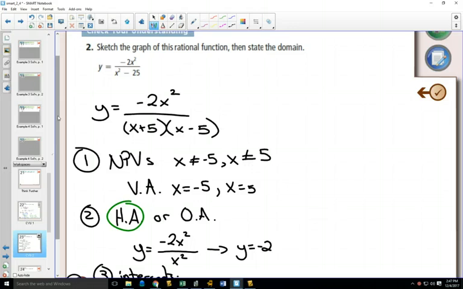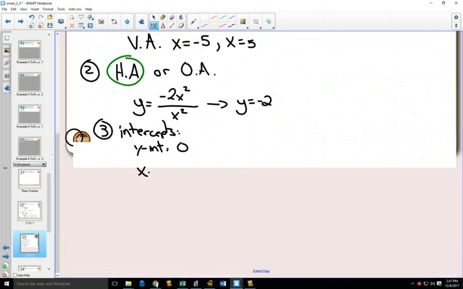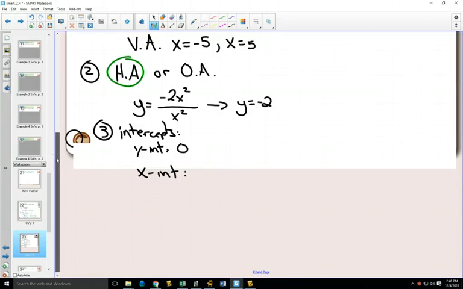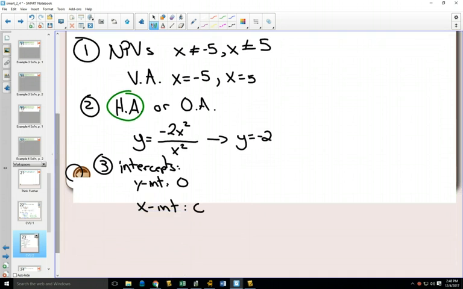Plug in 0 for x, can you see that you're going to get 0 over -25, which is 0? And your x-intercept, plug in 0 for y. Again, a fraction is only equal to 0 if your numerator is equal to 0, and so you get 0 again, which makes sense because the y-intercept was 0. That will mean your x-intercept is 0 as well. But what's important here is that we found out that that's our only x-intercept.